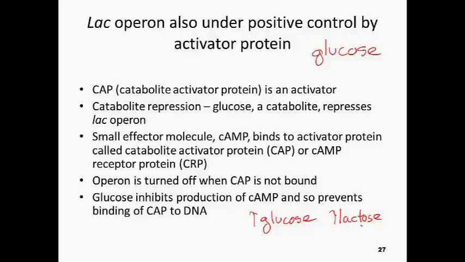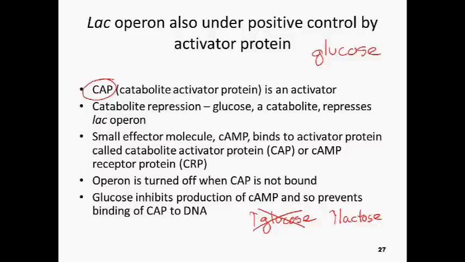So I don't want to metabolize that lactose. It's only when glucose becomes depleted will I need the lac operon. So here's another set of conditions in which the cell needs to be able to react. And it does this through an activator protein called the catabolite activator protein, otherwise known as CAP.